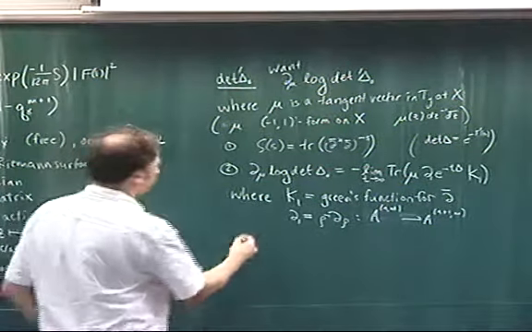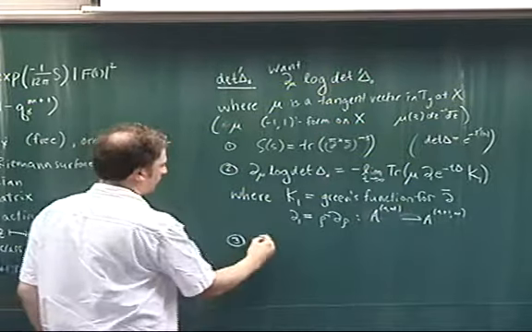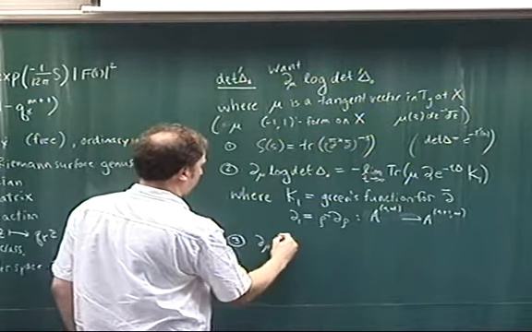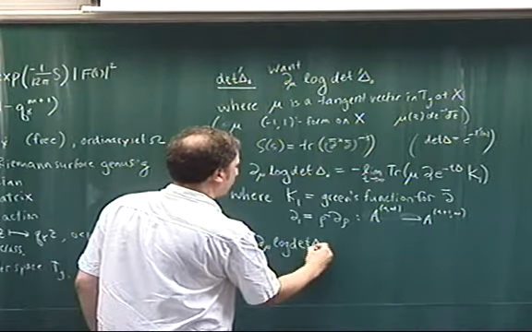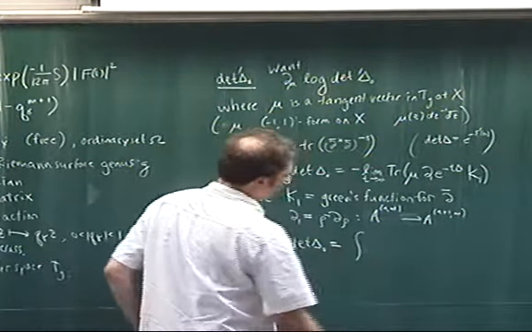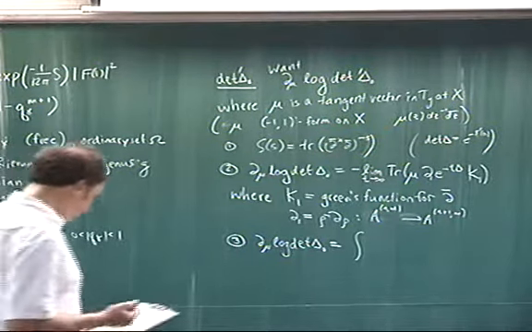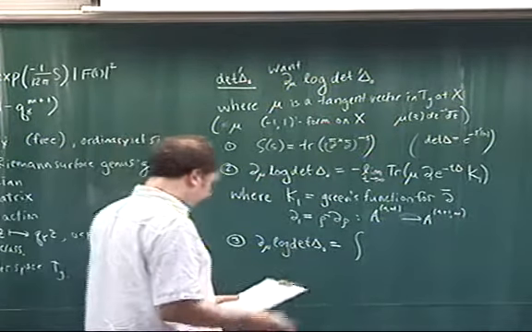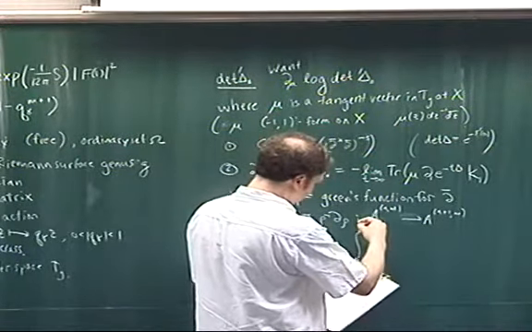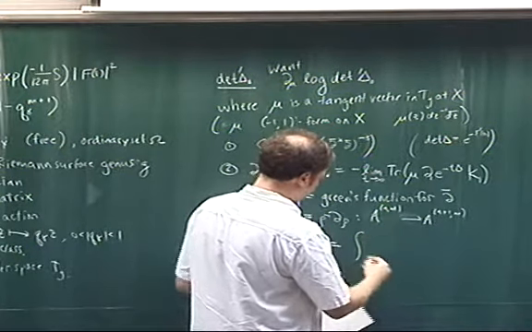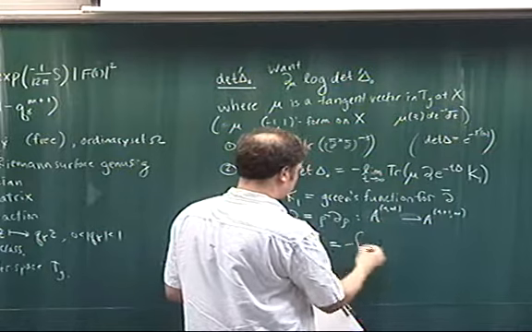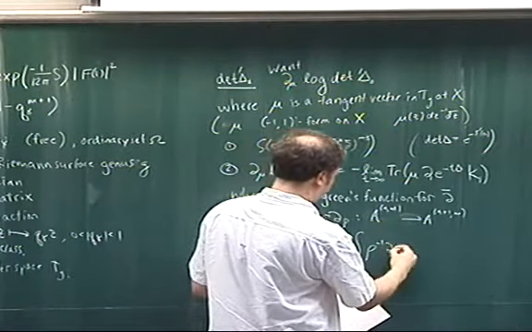And then this means that you can write that variation as an integral of a Green's function over the surface. So the usual way to write this is the way it usually appears.